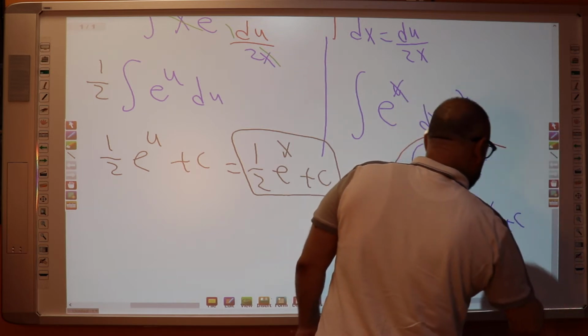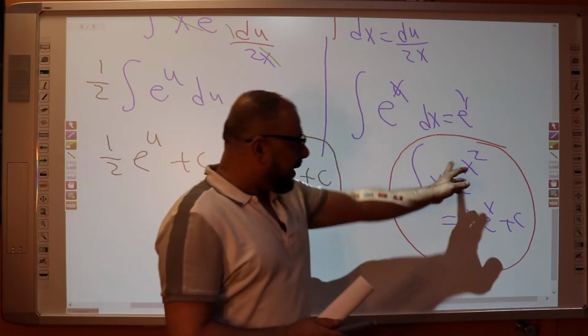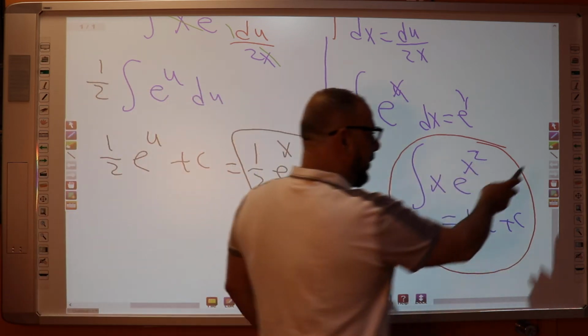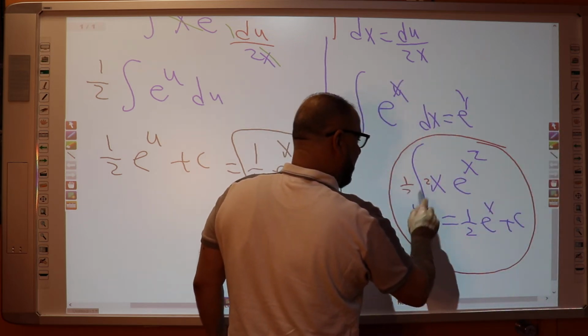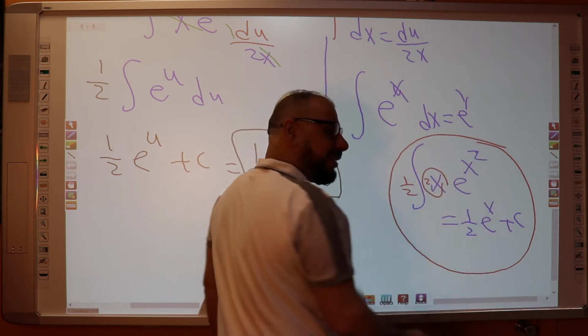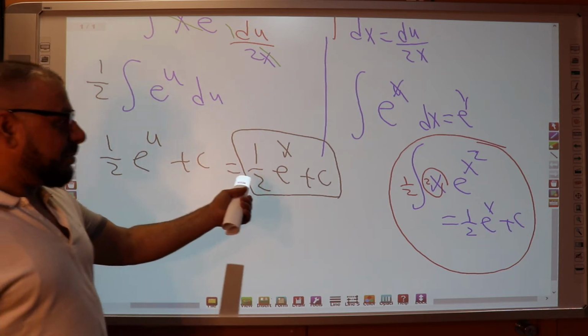I like to use this shortcut sometimes. Because if you multiply this by 2 and divide by 2, you're going to get the derivative, right? Look here, how I get this. You can multiply by 2 and divide by 2, like you did nothing, right? Then 2x and x. But why do you have half e to the x squared? Because this comes from the derivative.